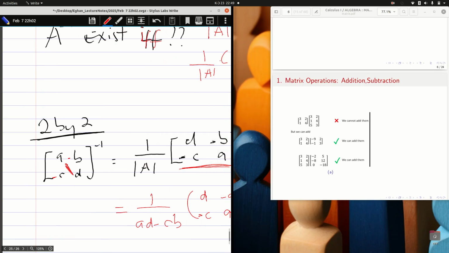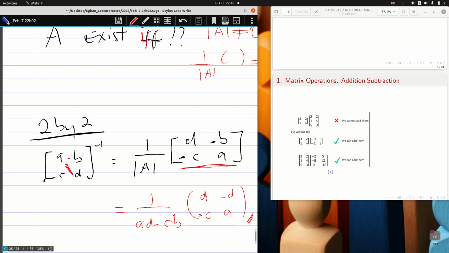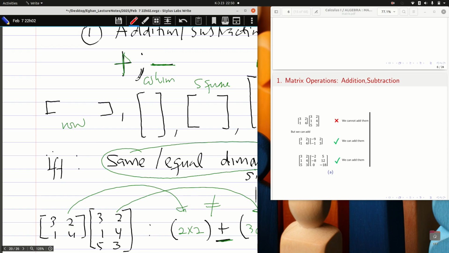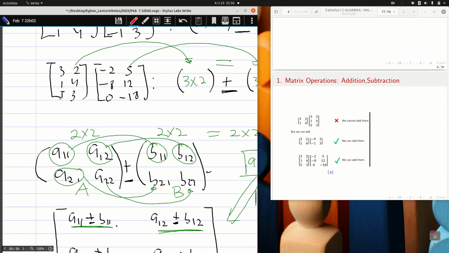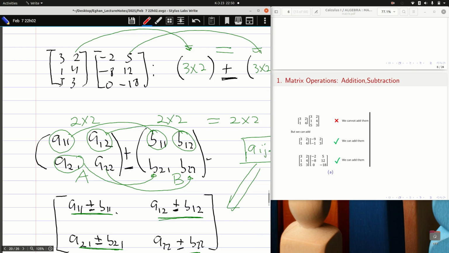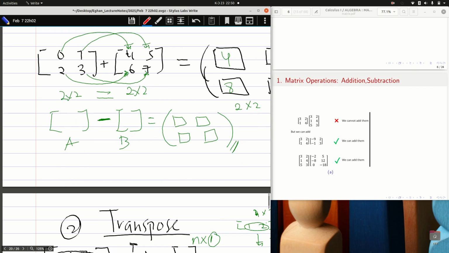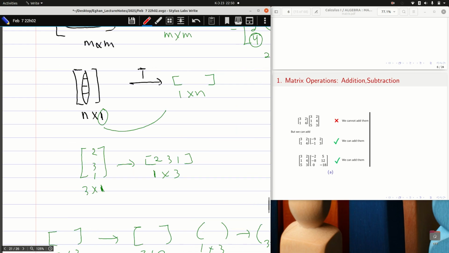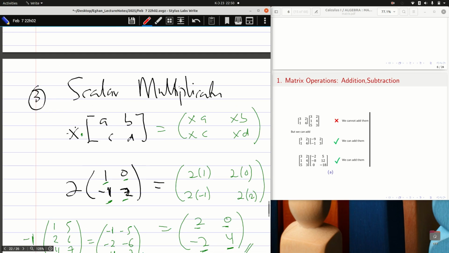I want to quickly move back, right from addition. If I had something to show you, I think addition was fine. We didn't have anything to show in addition. Okay, there was an example here. Let's look at transpose. I did everything under transpose for you. Scalar multiplication too I did.